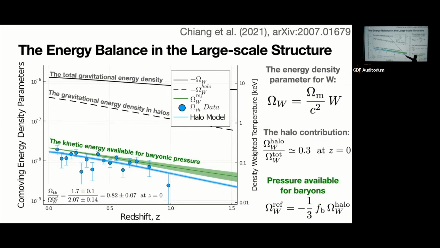It's huge. Okay. Then, because our measurements are basically dominated by gas within dark matter halos, that's the gravitational energy density in halos you can compute. So it's about 1/3 of the total gravitational energy density.